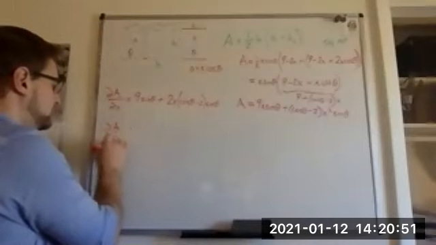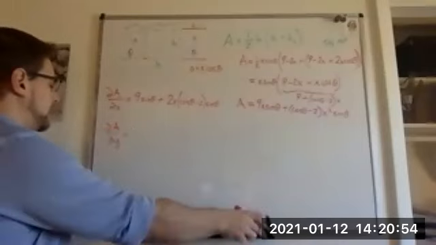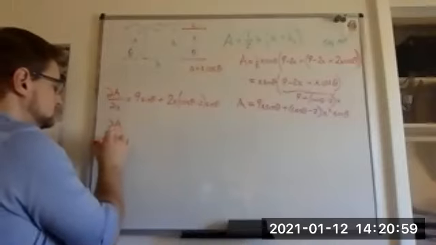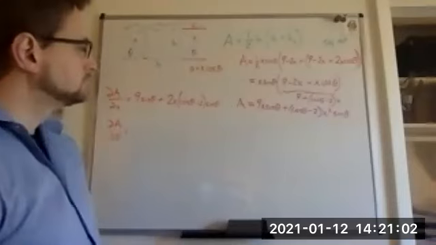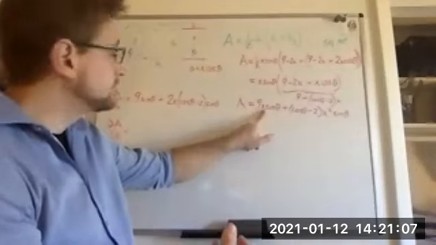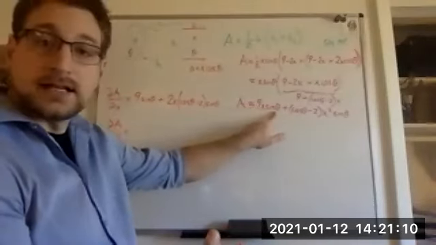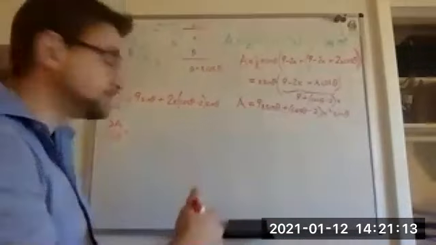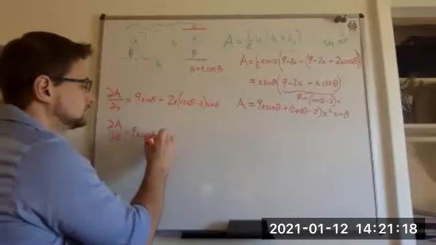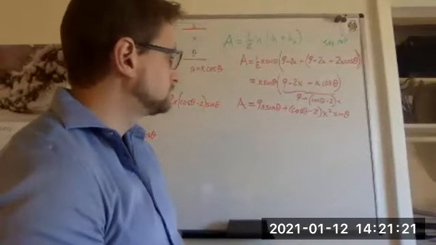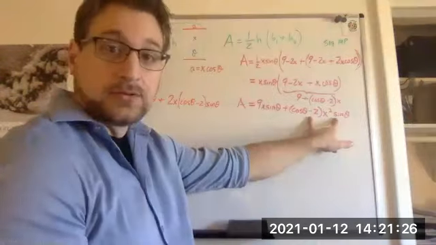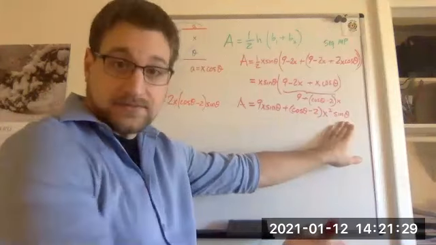Partial derivative with respect to theta. Now we're holding x constant. So that's 9x times the derivative of sine, which is cosine. Here, we're going to need the product rule because this is a product of two trig functions of theta.